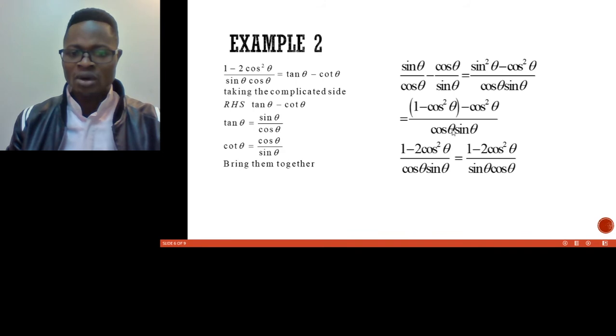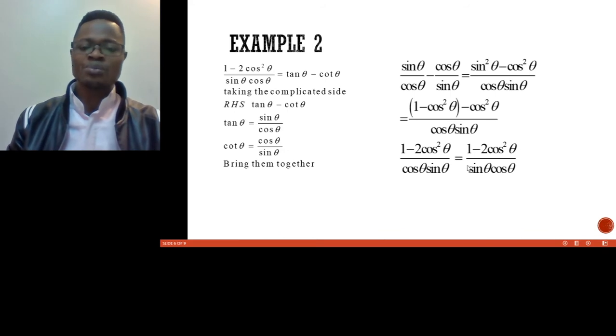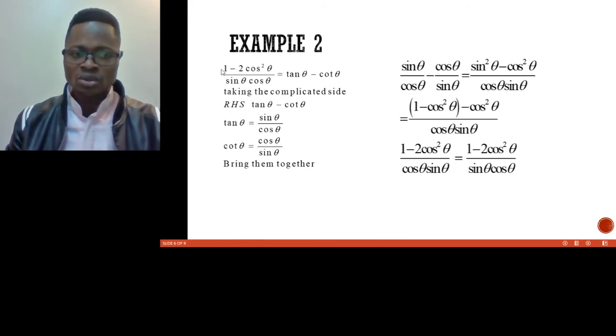And if we go ahead, we will have 1 minus 2 cos squared theta over cos theta sin theta, which can be represented as 1 minus 2 cos squared theta over sin theta cos theta. So we have proved that tan theta minus cot theta is equal to 1 minus 2 cos squared theta divided by sin theta cos theta.